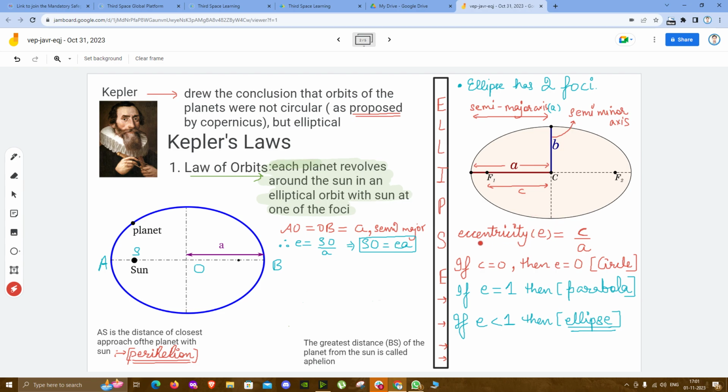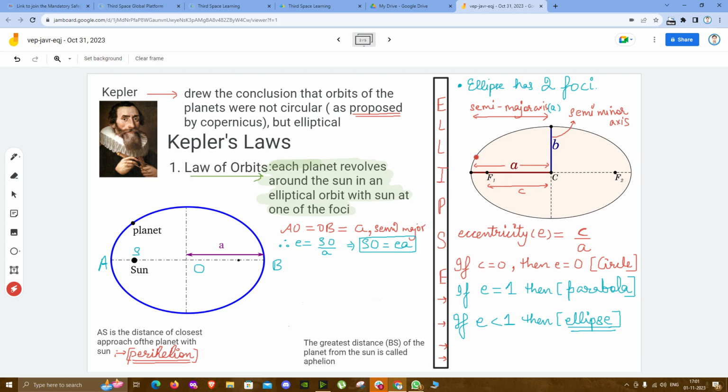The concept here is first to understand what is the eccentricity of a curve. Eccentricity of a curve, let me tell you, is the ratio of the distance of one of the foci.